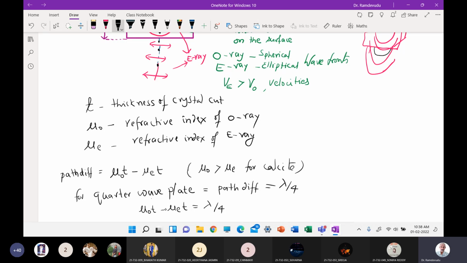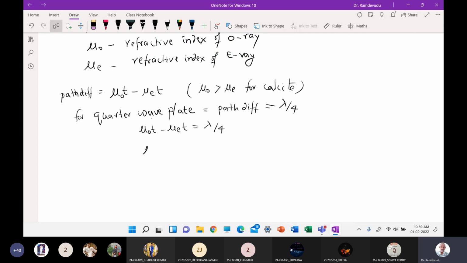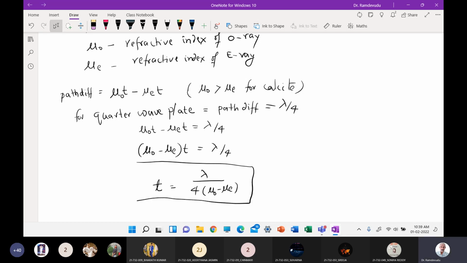If I simplify it, (mu naught minus mu E) into T is equal to lambda by 4. Otherwise, the thickness we require for getting a quarter wave plate is T equal to lambda by 4 into (mu naught minus mu E). This is the formula for the thickness of a quarter wave plate.